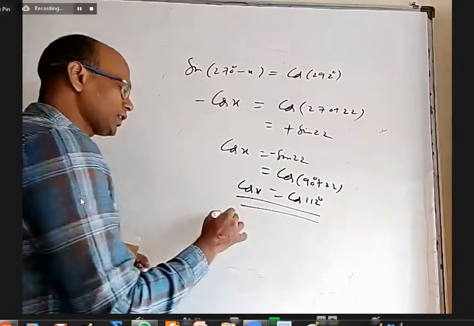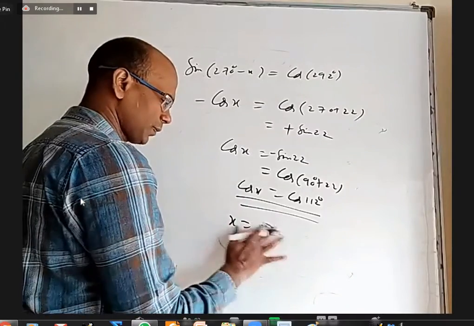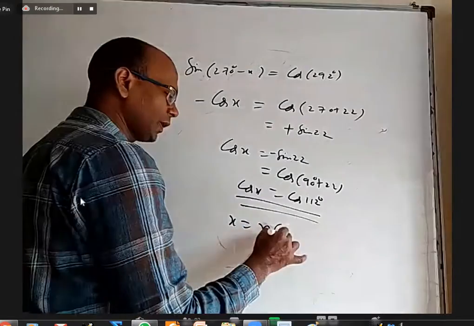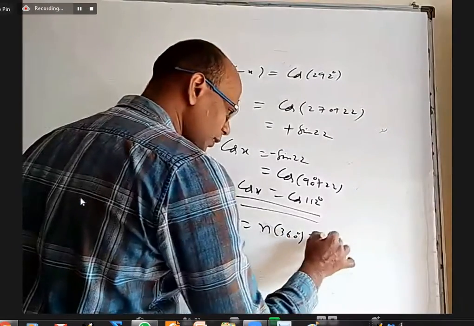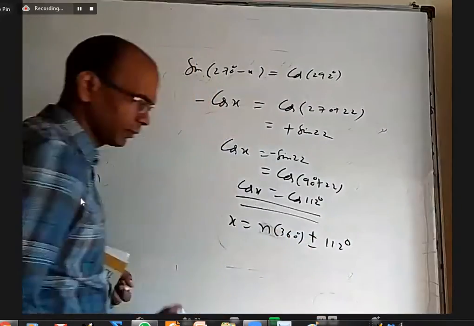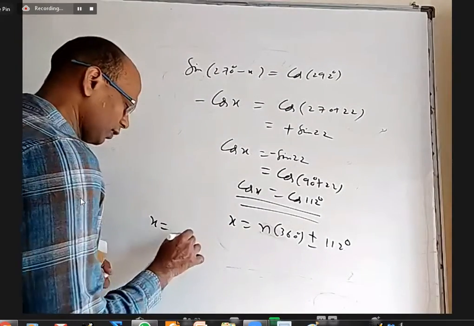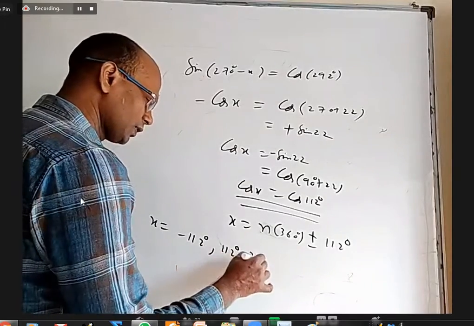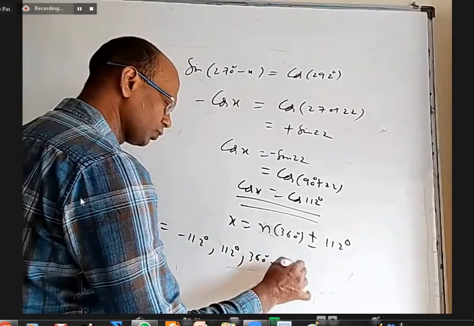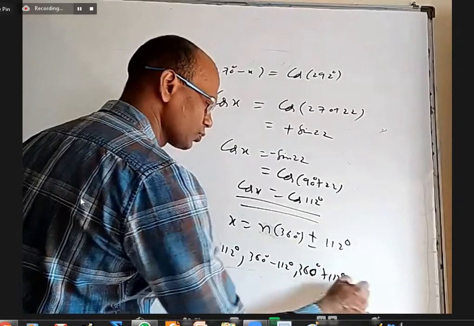Okay. If you want a general solution, you want to write in degrees. Instead of 2 pi, you can write n into 360, multiple of 2 pi, plus or minus 112 degrees. So actually we'll get minus 112 degrees, plus 112 degrees, 360 minus 112, 360 plus 112, so on.